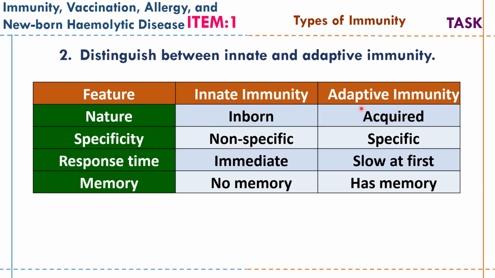Nature: innate is inborn, adaptive is acquired. Specificity: innate is non-specific, adaptive is acquired and specific. Response time: innate is immediate, adaptive is slow at first. Memory: no memory in innate, adaptive has memory.